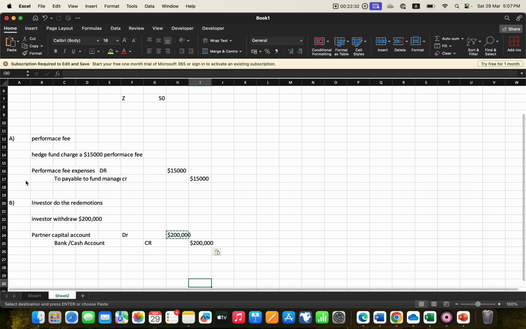So this will be the general entry for the redemption. Partner capital account debit, to bank and cash account credit. Whatever the amount is, it will go.